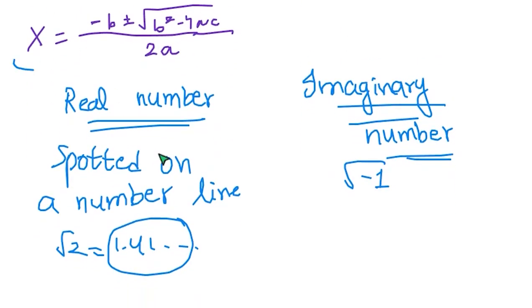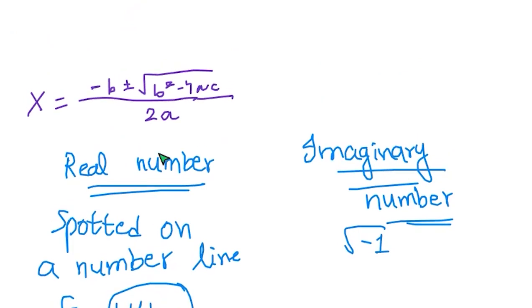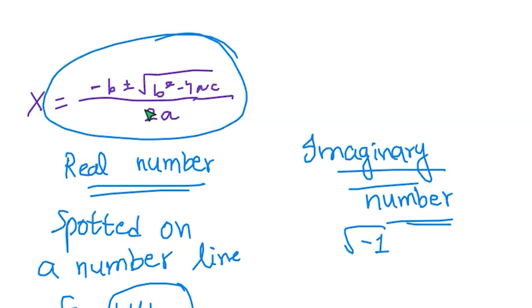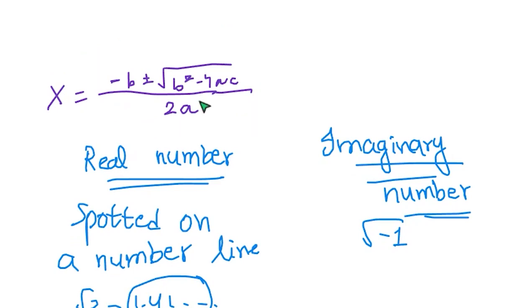So this is the quadratic formula. Do you see any square root in this formula? Yes, there is a square root. Basically, see what happens if this value becomes negative, let's say -1.